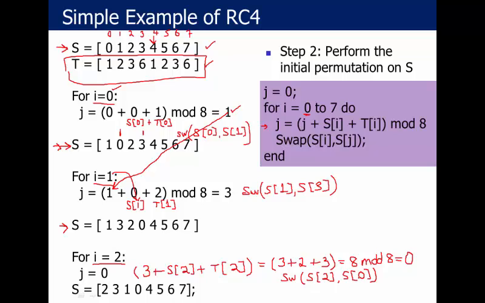S of 2 and S of 0. So from here, index 0 and 2 will be swapped. So 2 comes first, then 3, and instead of 2, we will have 1, and the remaining the same.